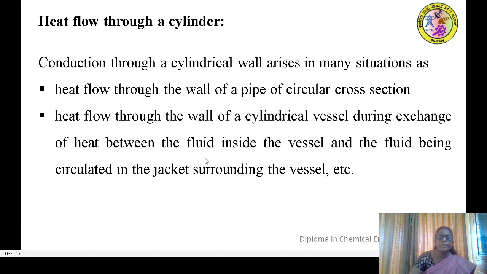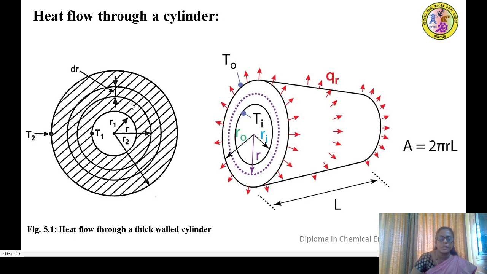Also, whenever a cylindrical vessel is being used for heating a fluid by means of circulating hot fluid in the jacket that surrounds the vessel, if the heat has to flow from the fluid in the jacket to the fluid inside the vessel, then it has to pass through the wall, and that is also a case of heat flow through a cylinder.